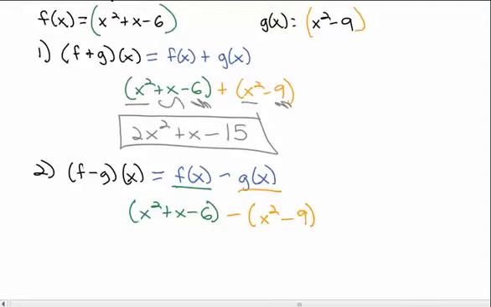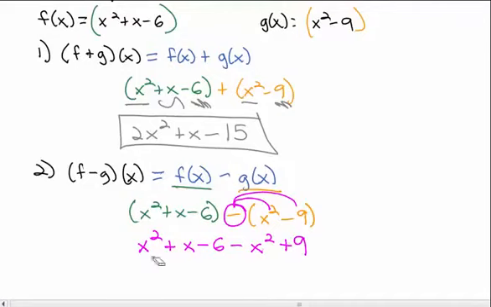And this is important because in this case, the negative is going to distribute through the parentheses. When we do that, we have x squared plus x minus 6 minus x squared plus 9. Notice the sign change went all the way through the parentheses. So now when we combine like terms, x squared minus x squared is 0.